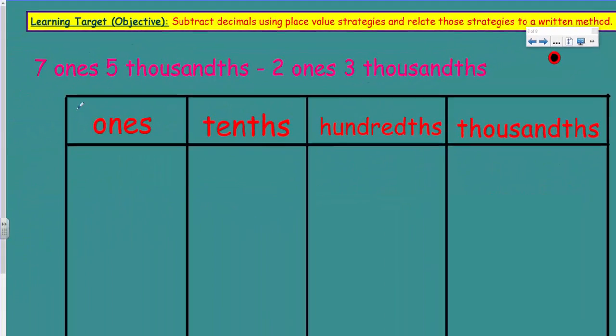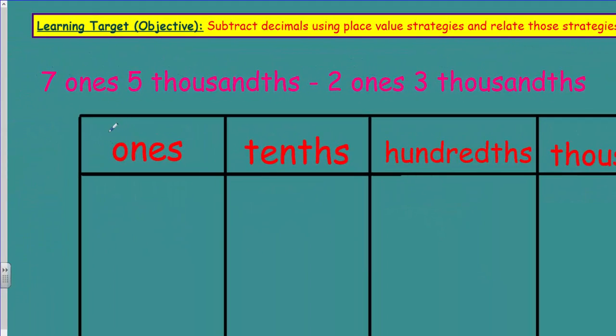Okay, here we have 7 ones, 5 thousandths, minus 2 ones and 3 thousandths. Well, it's kind of interesting when you look at that. You say, okay, well, these units are the same, right? And those units are the same. And since we're subtracting 2 ones and 3 thousandths from that number, it'd be important that these two numbers be smaller than these two, or we'd have some problems, wouldn't we?